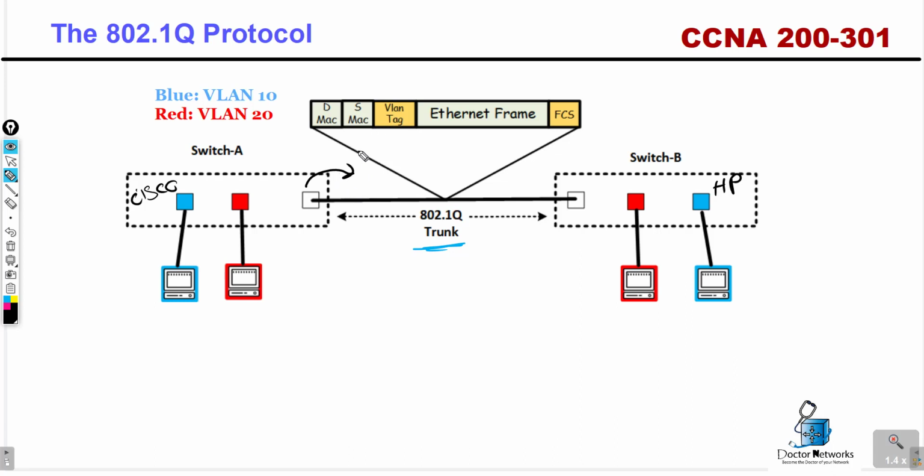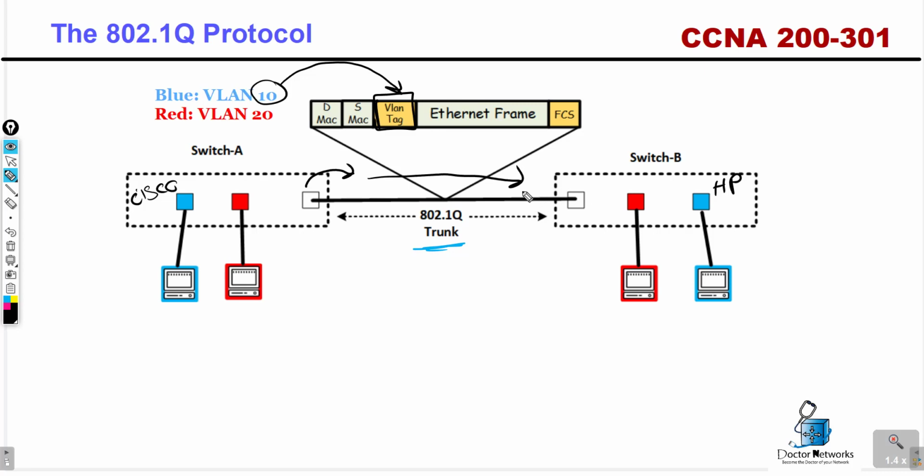So as I'm sending the packet out, I'm going to be inserting this VLAN tag. If the blue VLAN is sending something, I'll be inserting the VLAN 10 tag here in the Ethernet frame and sending it out towards switch B.